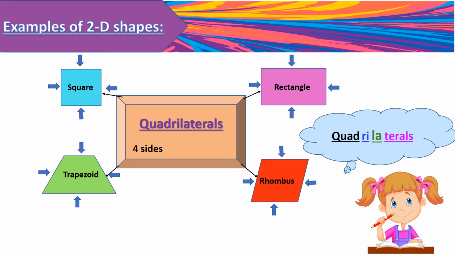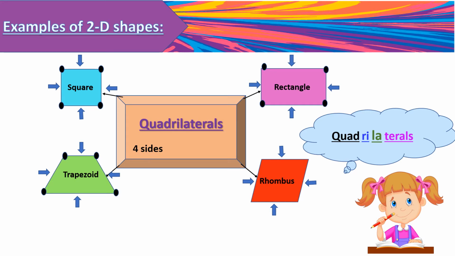Let's start counting vertices. 1, 2, 3, 4 in our square. So our square has 4 vertices. Let's move to rectangle. 1, 2, 3, 4. 4 vertices also. Trapezoid. 1, 2, 3, 4. Yes, 4 vertices.